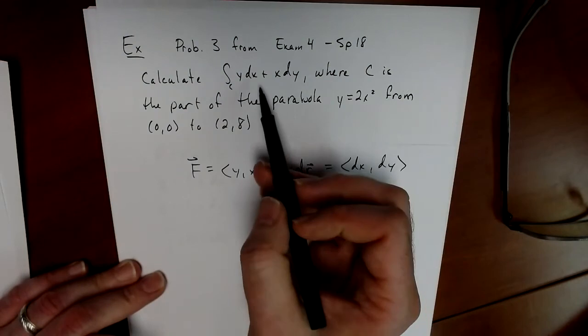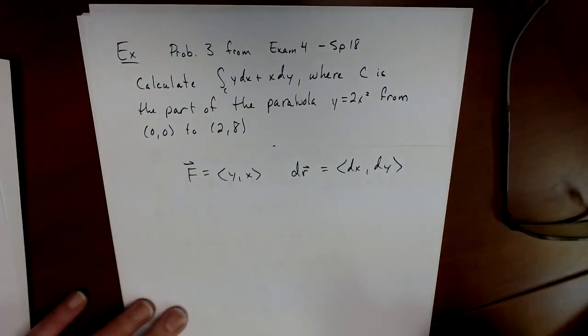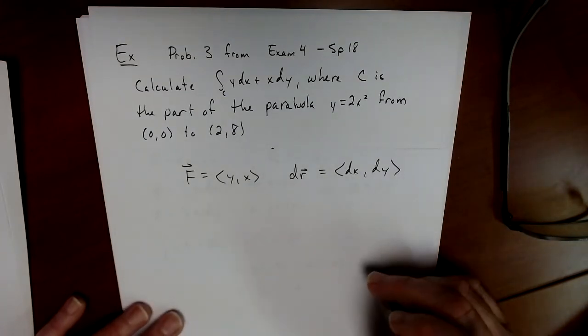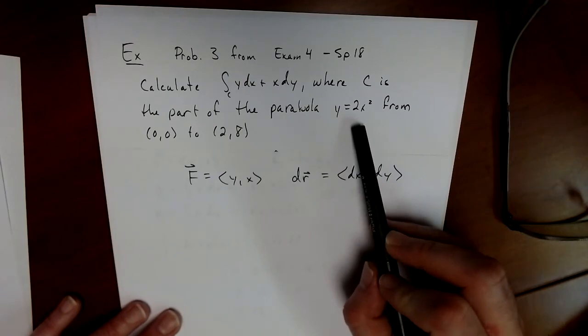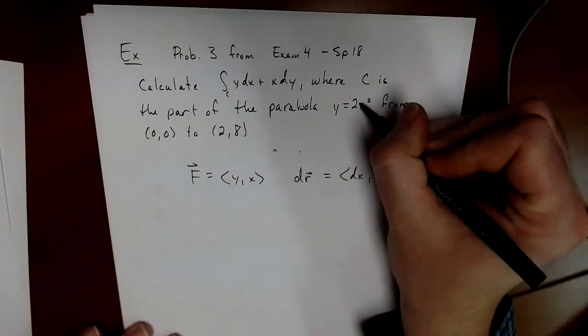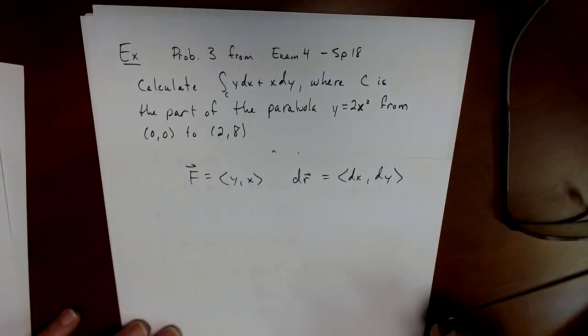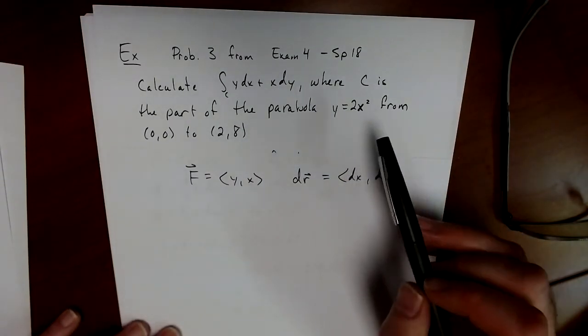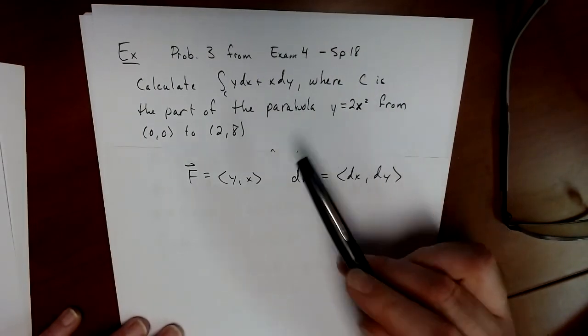So then that's just the dot product written out there. So calculate the integral over C of y dx plus x dy, where C is the part of the parabola y equals 2x squared from (0, 0) to (2, 8). And this was an exam problem, and you could do it by just parameterizing the curve. A lot of people did that.